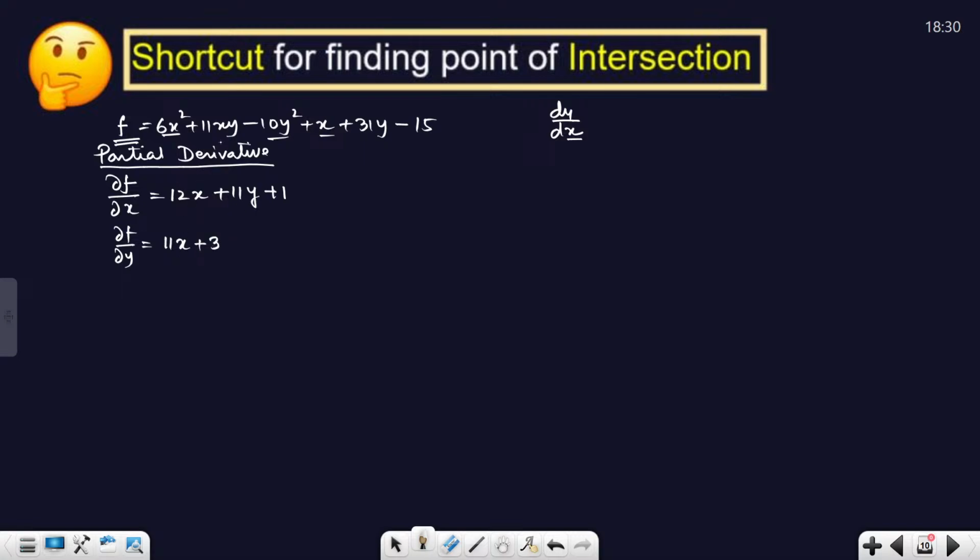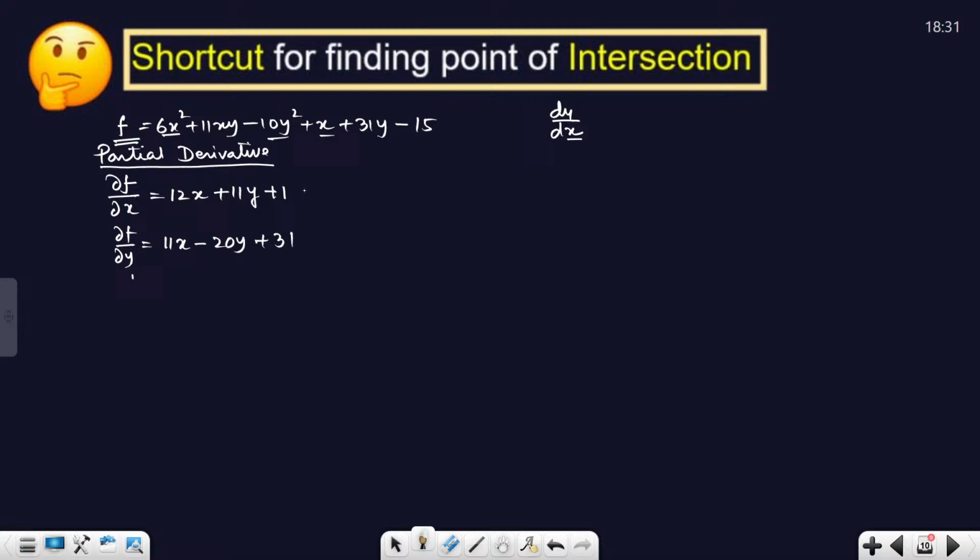Have I made any mistake? Oh, I'm sorry, this is not constant. It's 11x minus 20y, and we are having plus 31. Isn't it so? Yes or no? So 12x plus 11y plus 1 is the partial derivative with respect to x, and with respect to y we get this.